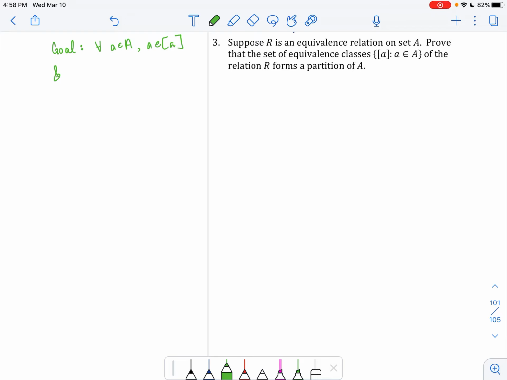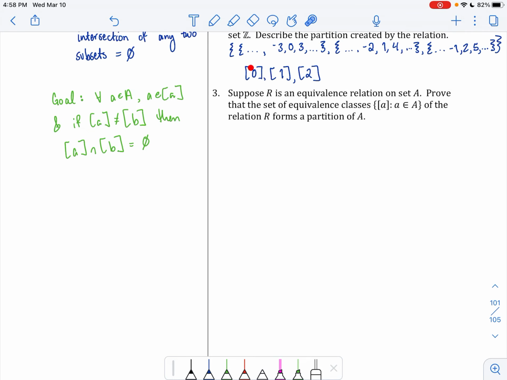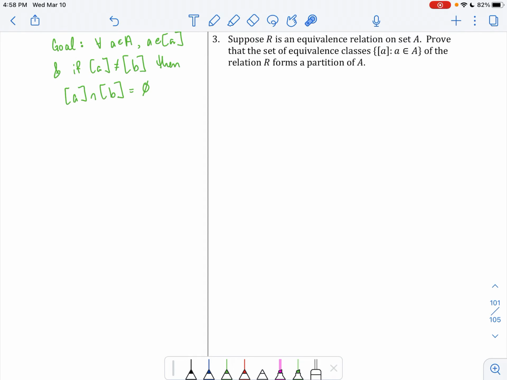And we want to show that if the two classes are not equal, then the intersection that they have is the null set. Because as we talked about last week, sometimes the equivalence class of a is equal to the equivalence class of b, and then they're completely equal, just like the equivalence class of 0 would be completely equal to the equivalence class of 3. So the first one is going to be very straightforward to prove.